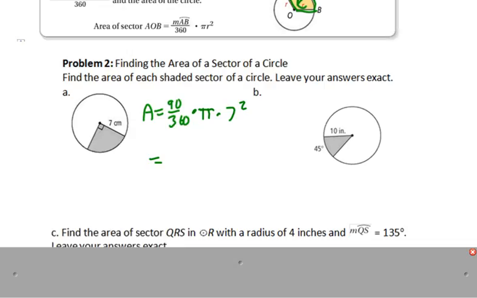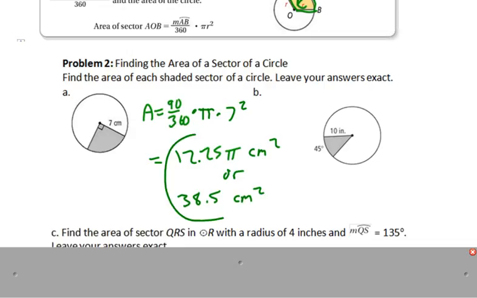So 7 squared is 49 times 1/4 would be 12.25 pi centimeters squared. Or, if I actually multiply it by pi and round it, it would be 38.5 centimeters squared.